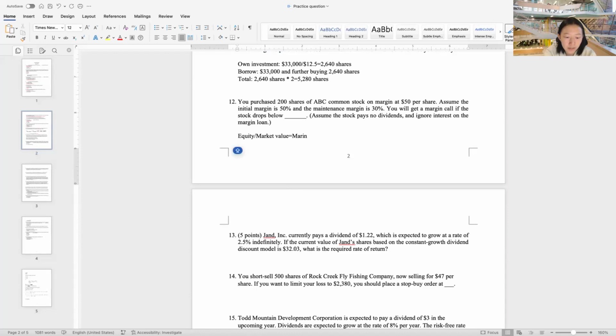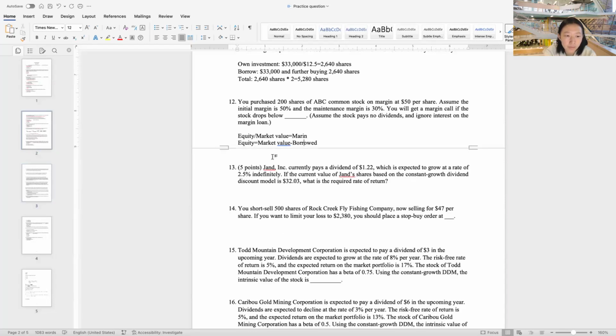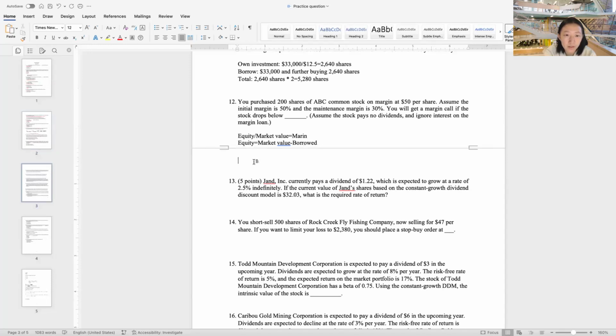So we need to calculate equity. Equity equals market value minus borrowed. The amount borrowed: we purchased 200 shares at this price, and the initial margin is this.